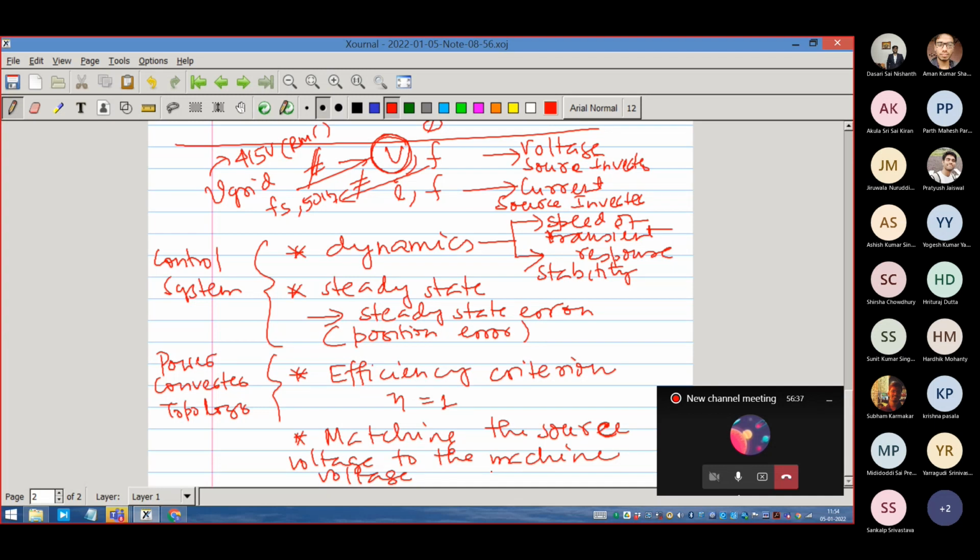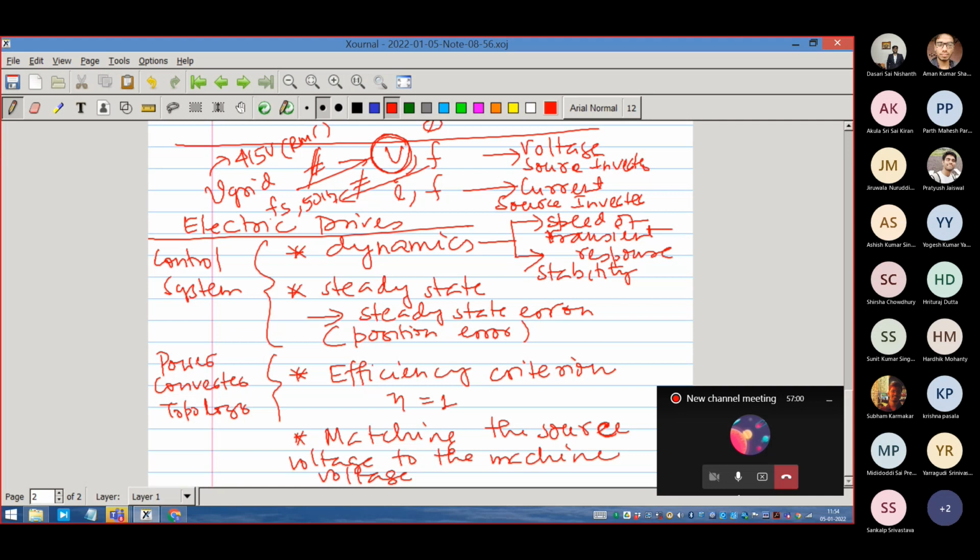And for the dynamic performance, we have to see the speed of the transient response, and that the system is overall stable. So control system also is a part of the electric drives purview. In the electric drives course we study these aspects.